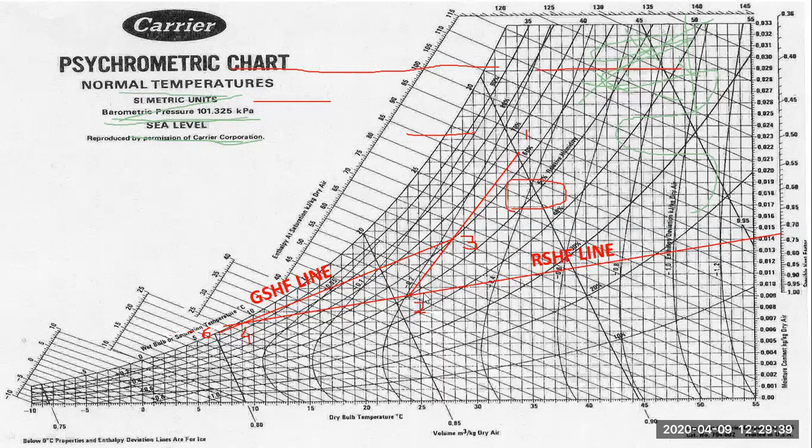So that's okay. If it is at 25 on your psychrometric chart, you will draw a parallel line passing through your room design condition, till the 100% relative humidity line on the left hand side.